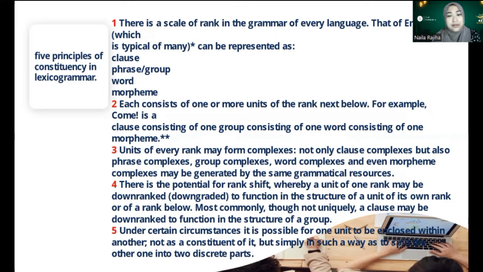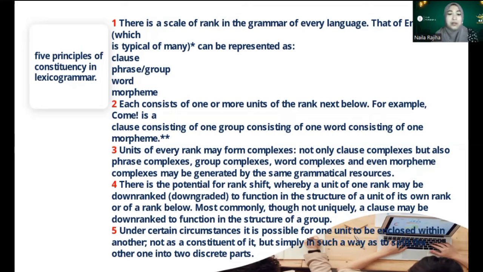Next, the third part: units of every kind may form complexes also, phrase complexes, group complexes, and word complexes. Next, about the rank shift, the potential rank shift that may be done, rank to function in the structure of a group.